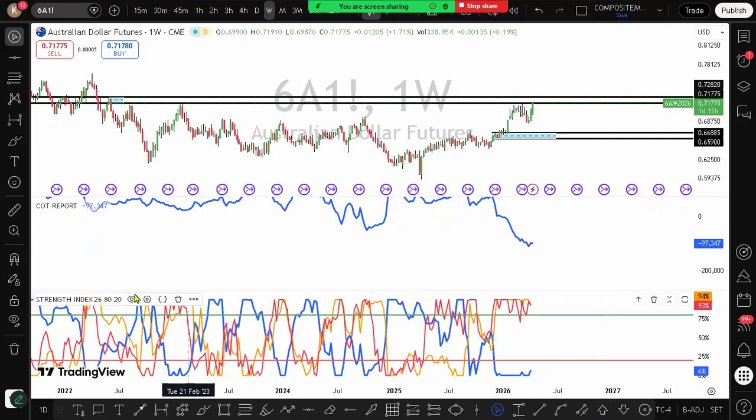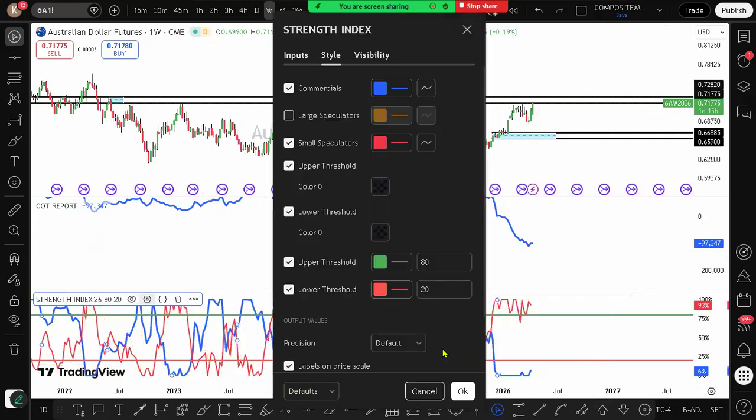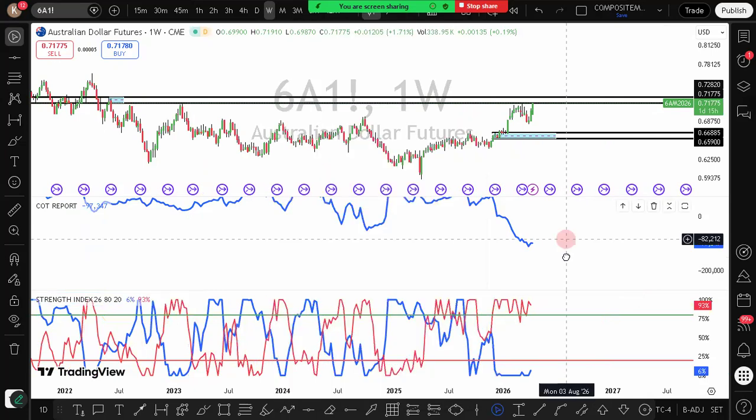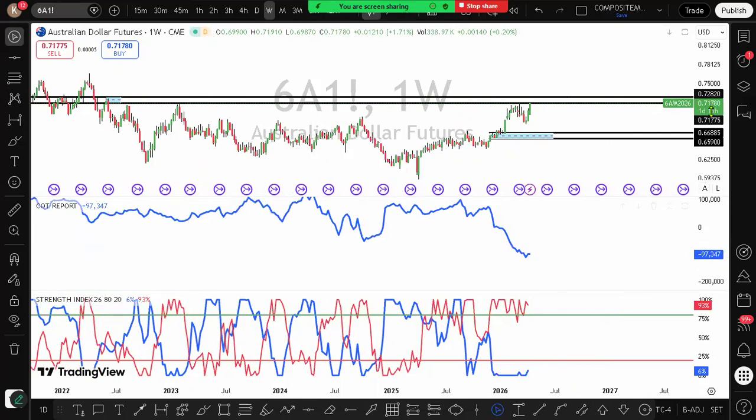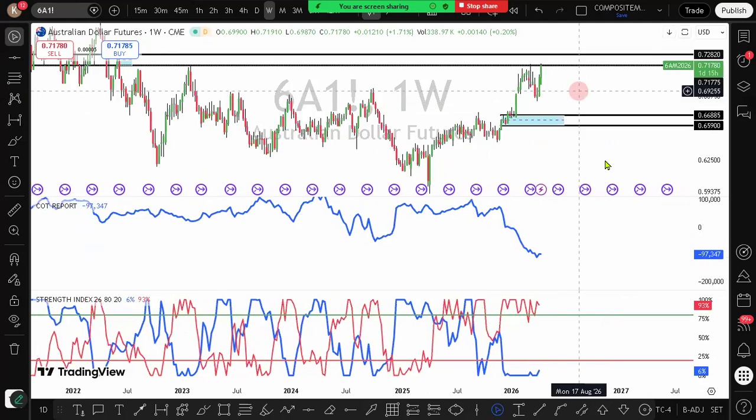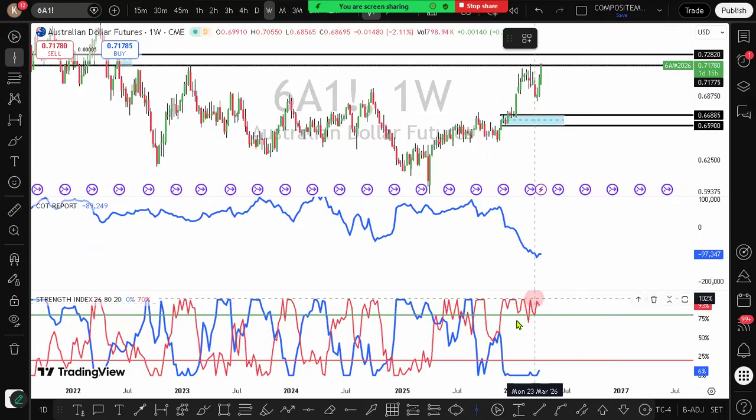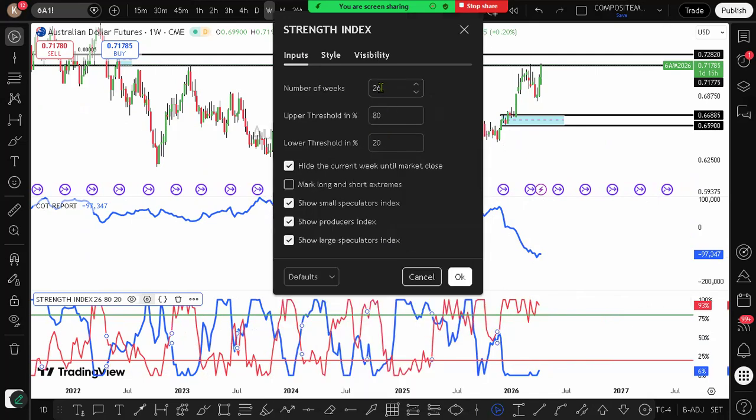On the index, move one group here, and I want you to see commercials. Commercials here get more bearish. We look at the index, and these guys are also more bearish. Again, we're not just looking at the index. I want to look back at how long they have been bearish.